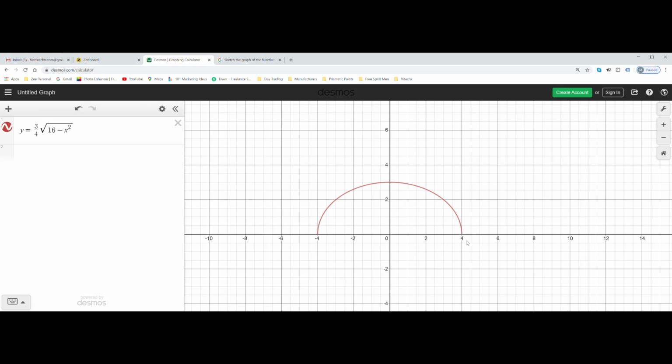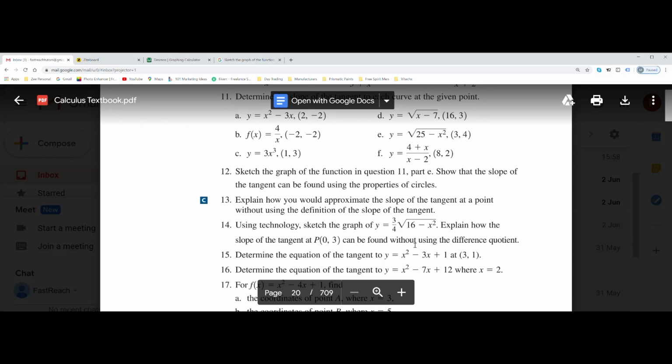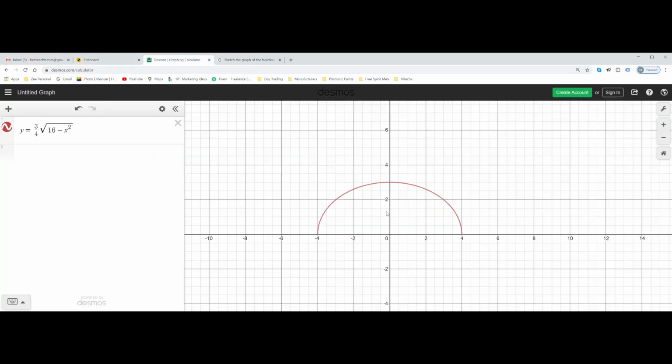So it would be 0 and 3, right? 0 and 3, yeah. So if you look at that point, 0 and 3, that point is quite horizontal. So the slope would be 0.